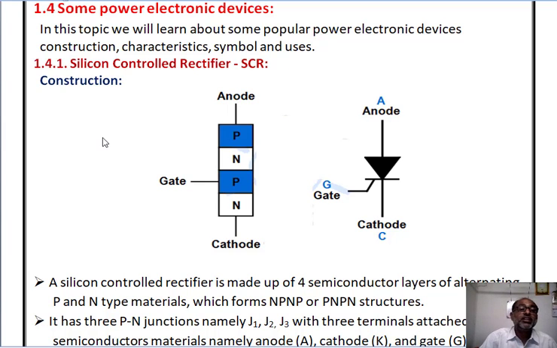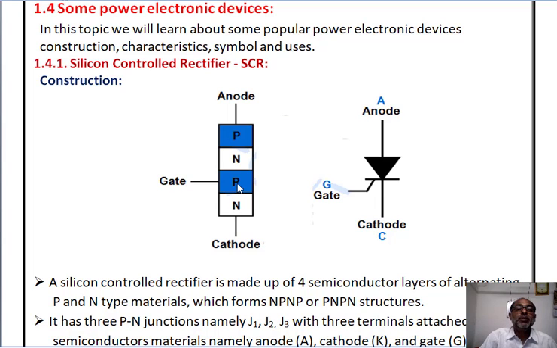First, let me see the construction. As shown in this figure, four semiconducting layers, alternating P-type layer and N-type layer, are placed one over another.